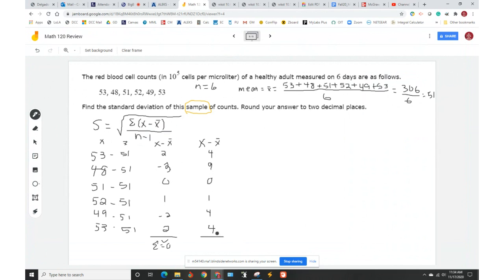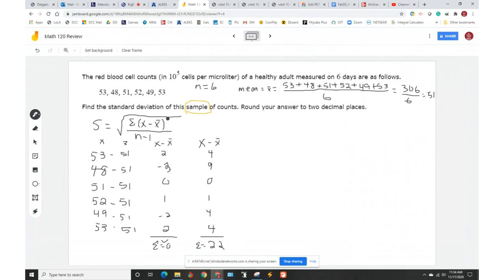All right, so 12. So it looks like that's 22, right? Double check for me. Yep, 22. So this is the summation of the squares.